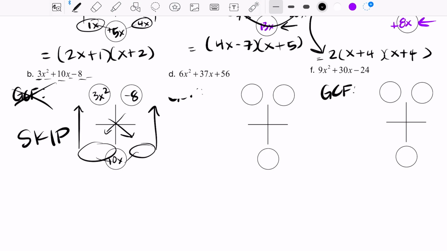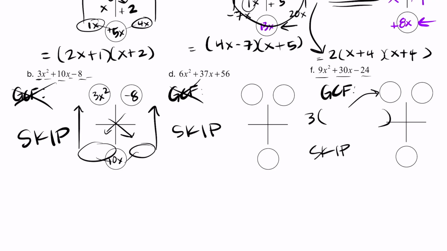There is no GCF on that, so we would go straight to the T-chart. And this one, we have 9, 30, and 24, which are all divisible by 3, but we don't have any variables in common. This portion would go in there, but we're also going to skip that because I think you guys are great and can get through that.